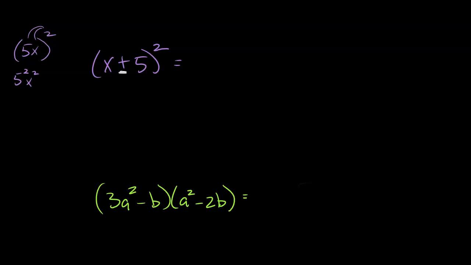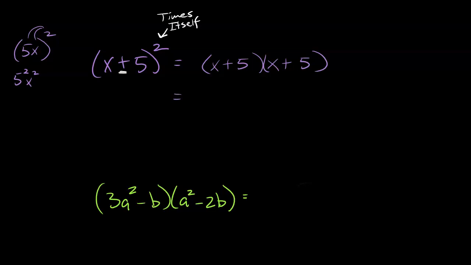What you're going to do is, squared means that you're multiplying something times itself. So I'm going to write it out the long way. And if I write it out the long way, well, then I can see that I've got to do foiling or distribution.